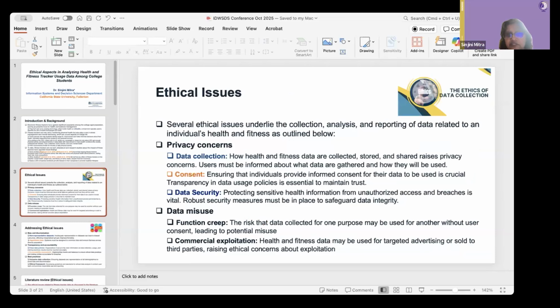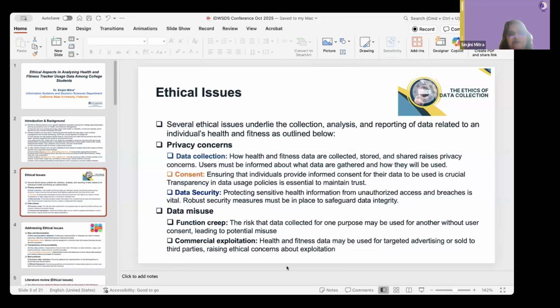Of course, how health and fitness data are collected, stored, and shared raises privacy concerns, and users must be informed about what data are gathered and how they will be used. And obviously, consent is an important thing. Ensuring that individuals provide informed consent for the data to be used is crucial. Transparency in data usage and policies are also essential to maintain trust.